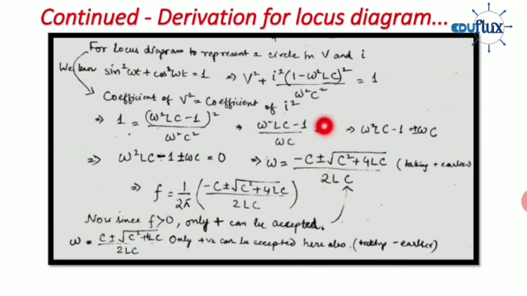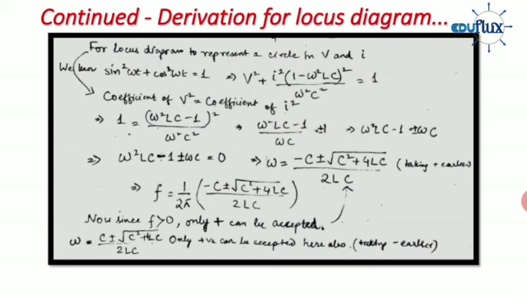So only for these two values of omega, the equation will represent a circle, and for the other, infinite other values of omega, this equation will represent nothing but an ellipse as the locus diagram in V and I.